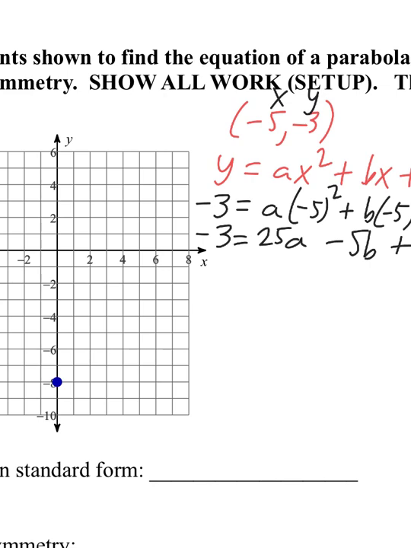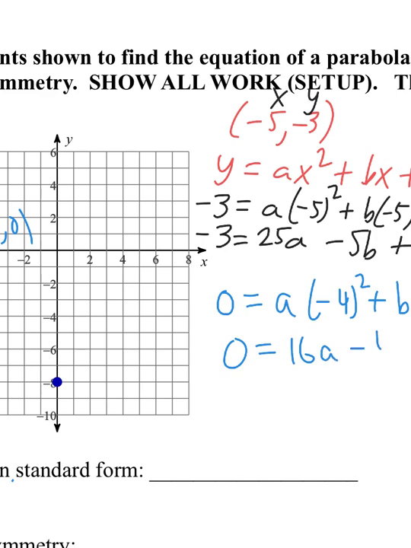Then doing the same thing with another point, if we use the point -4, 0, the y value is 0, a times the x squared plus b times the x plus c, so 0 equals 16a minus 4b plus 1c.